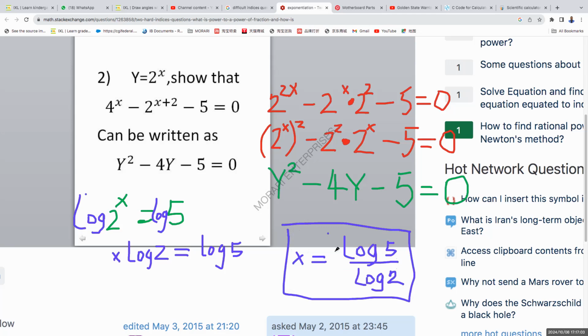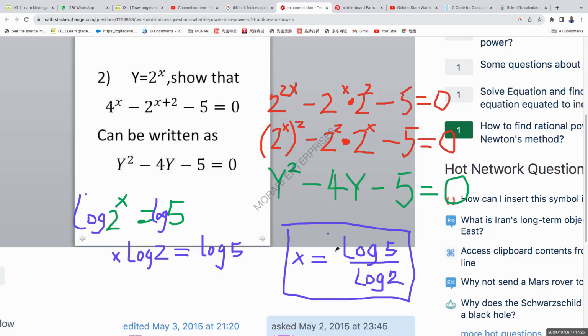You can solve it right now using factorization. You know factorization? B is -4. What two numbers add to give -4? -5 and +1. And when you multiply them, you also get -5, which is AC.